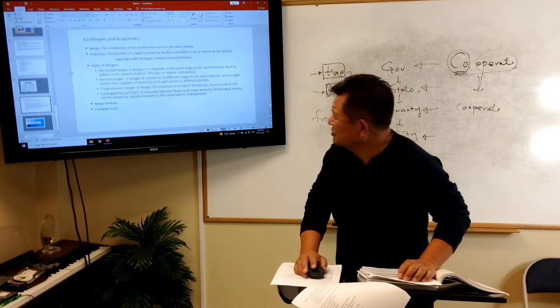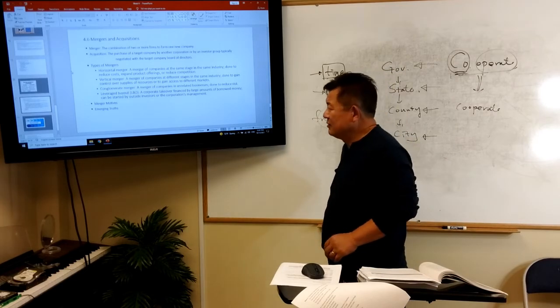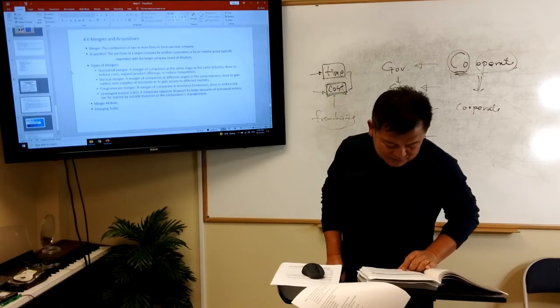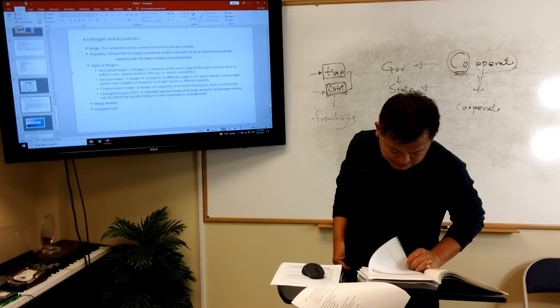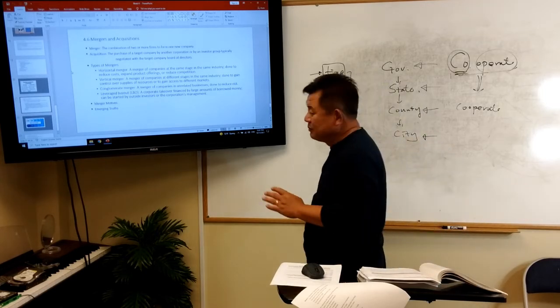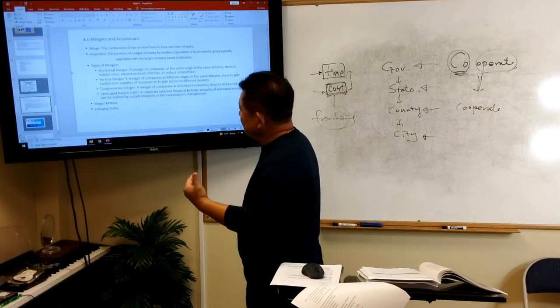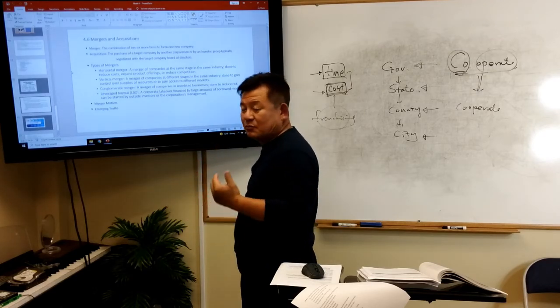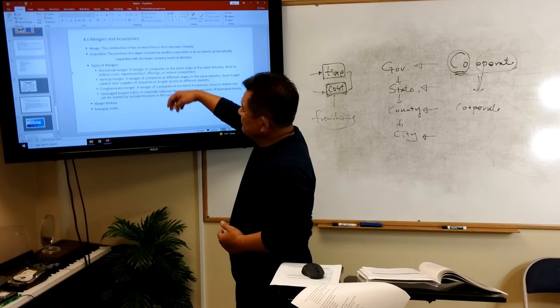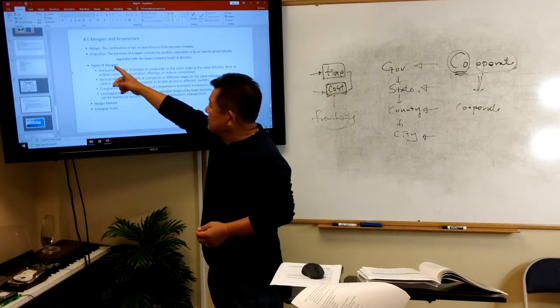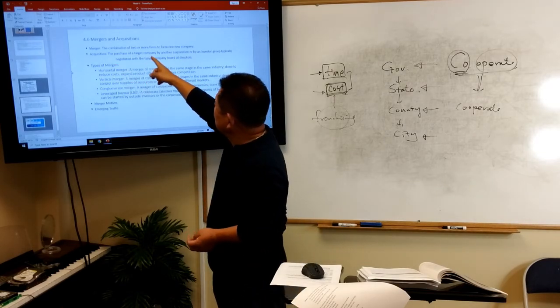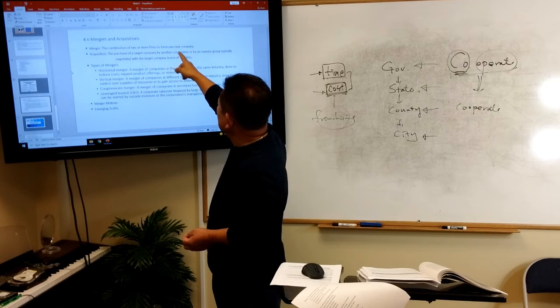Let's move to M&A. M&A is one of the corporate business ownership forms, a very popular and powerful corporate style. Let me explain each one. Mergers means a combination of two or more firms to form one new company.